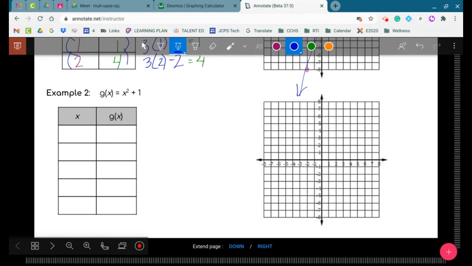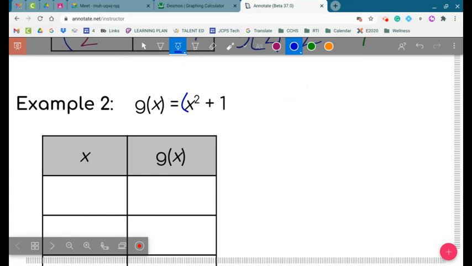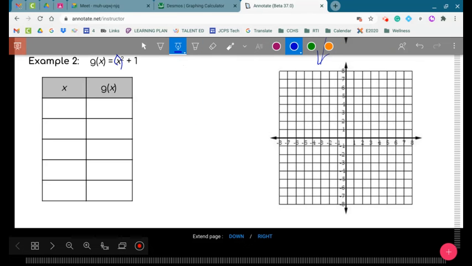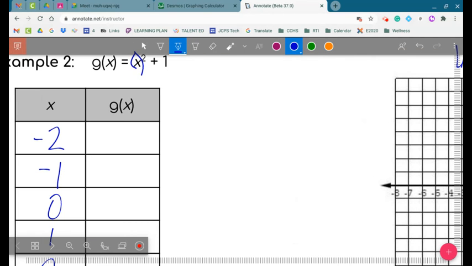g of x equals x squared plus 1. So we are replacing the x each time. So we still have -2, -1, 0, 1, 2. Then we're going to take our function and replace it. So we're going to have negative 2 squared plus 1.